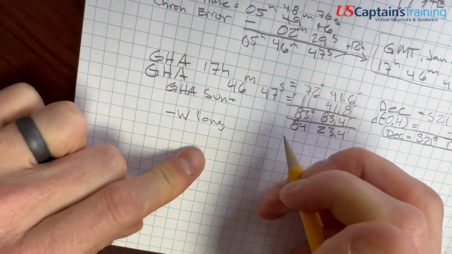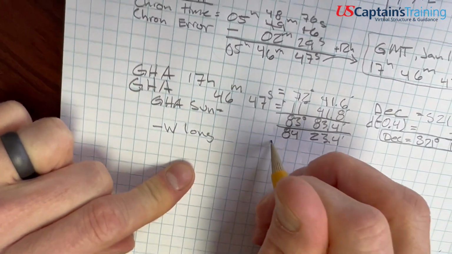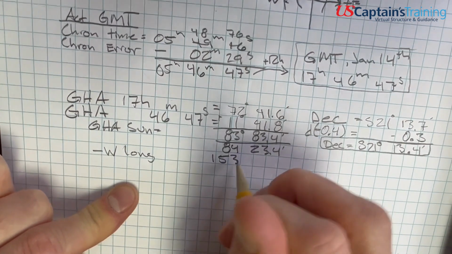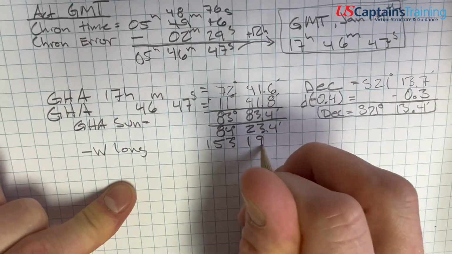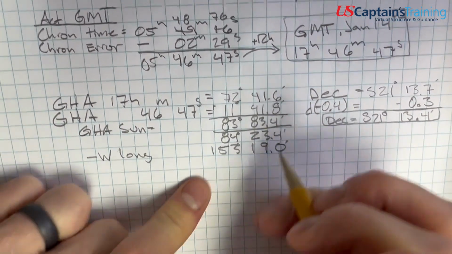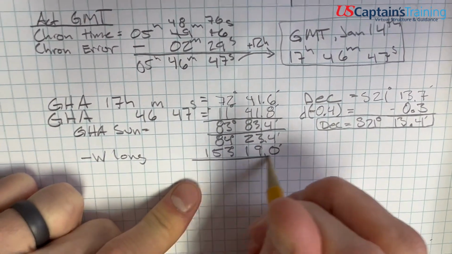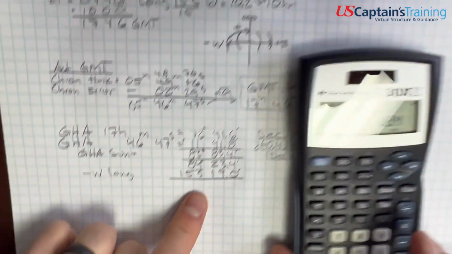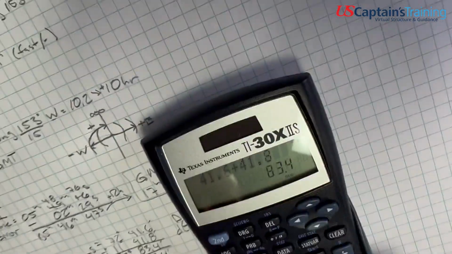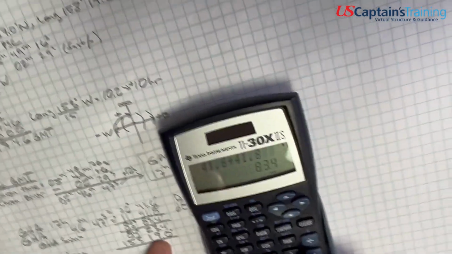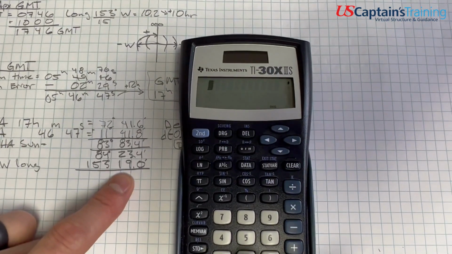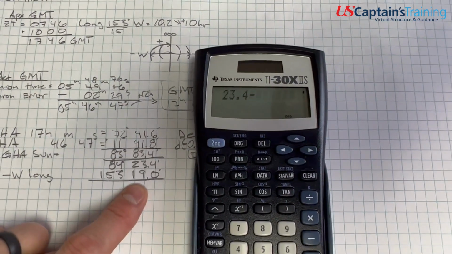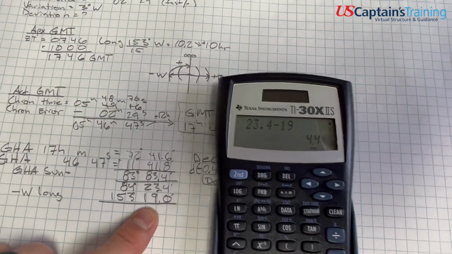And our longitude is 153 degrees, 19.0. So we need to subtract these. You can do 23.4 minus 19. We can do that one. 23.4 minus 19 equals 4.4.